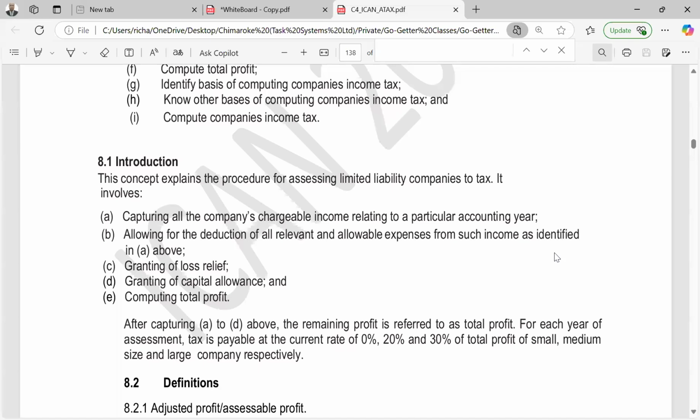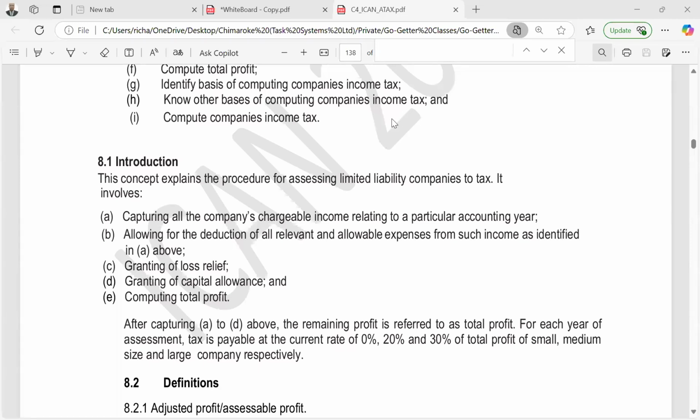Alternatively, we might use July 1 to June of the next year. All right, so when a company is trying to prepare its tax, it's going to capture all the income for that accounting period. Now, that accounting period is what is stated in your financial reports.